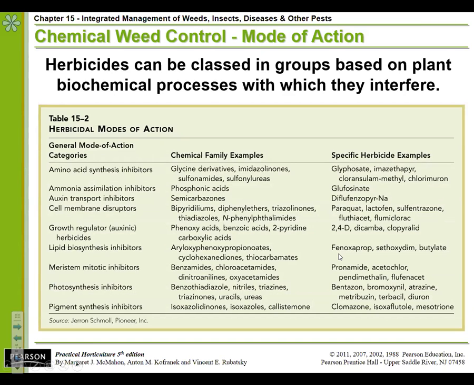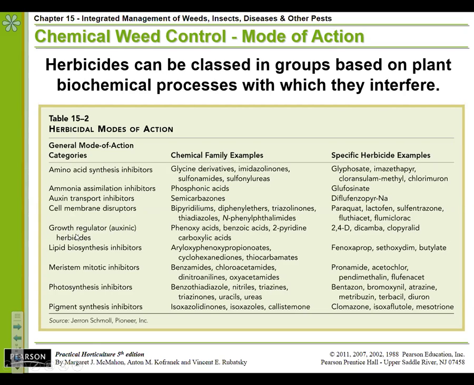a pre-emergent, for instance. This is just a table looking at the different modes of action of herbicides on the plants themselves. So I mentioned the amino acid synthesis inhibitors. A fair amount of the popular herbicides do this. Some of these are disrupting the cell membrane of the plant.